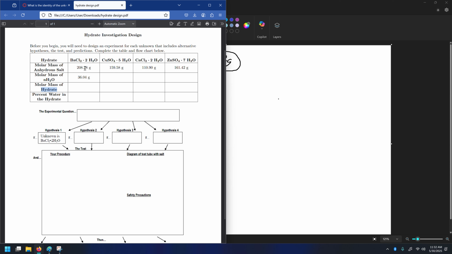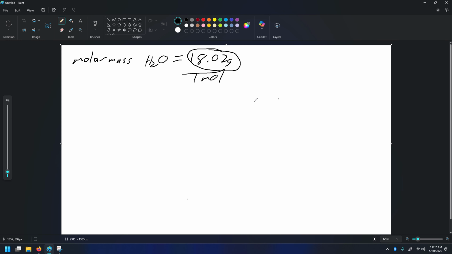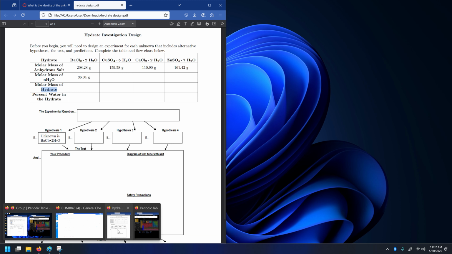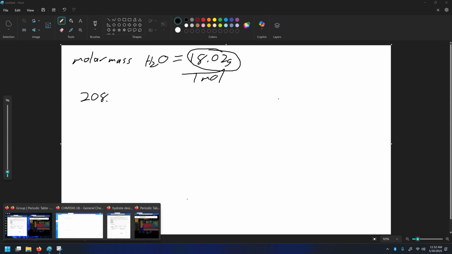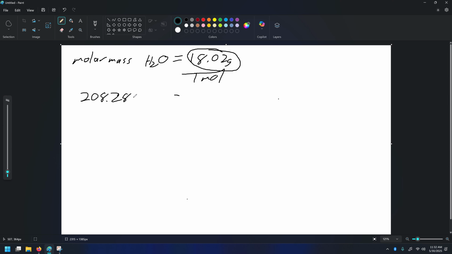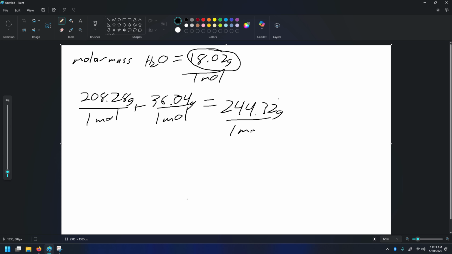So I'm just going to be adding together the 208.28 and the 36.04. 208.28 grams per 1 mole plus the 36.04 grams per 1 mole is equal to the molar mass for my hydrous salt. 208.28 plus 36.04 gives me 244.32 grams per 1 mole.